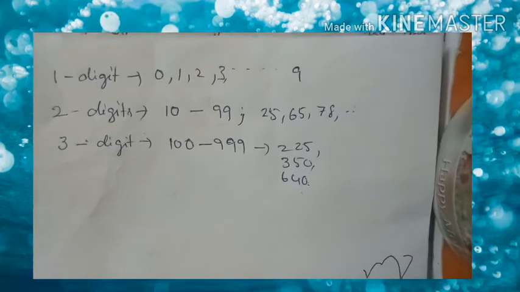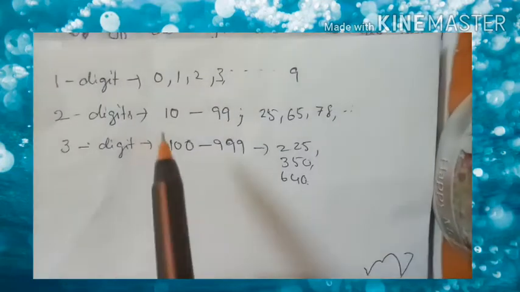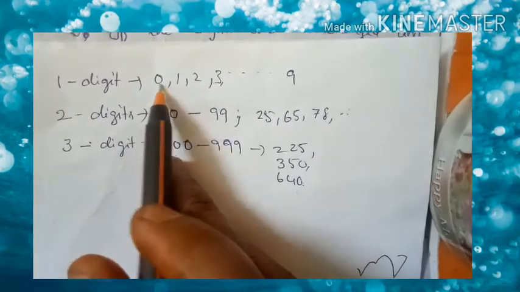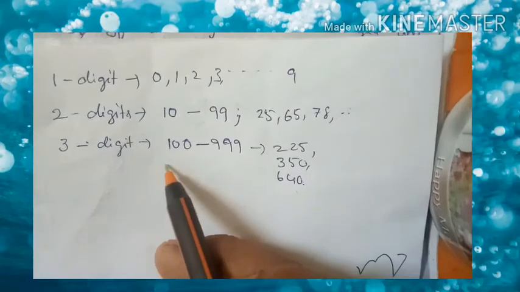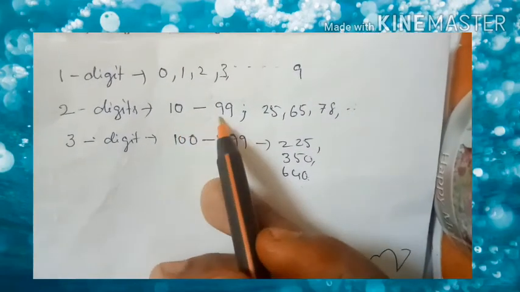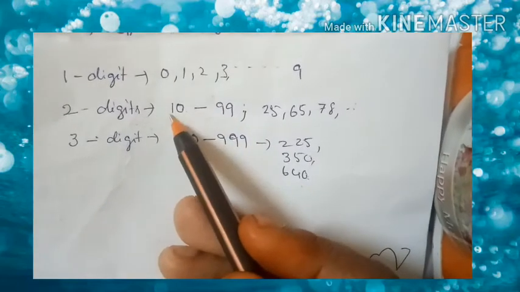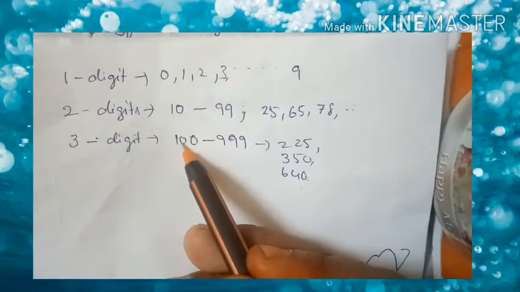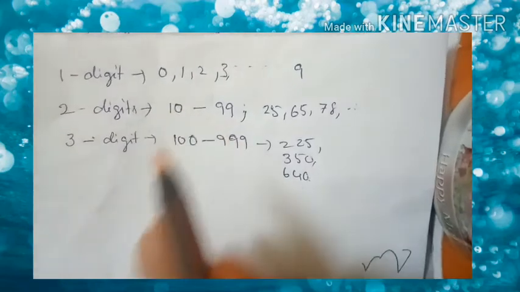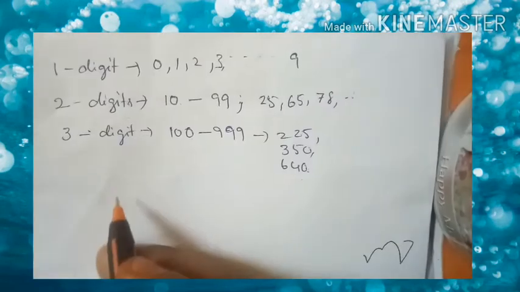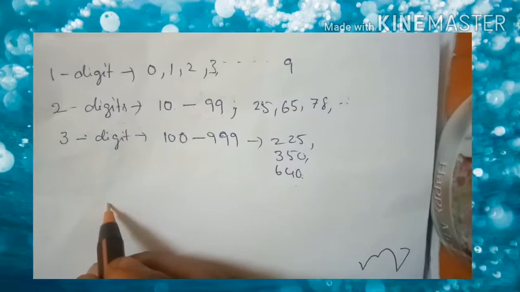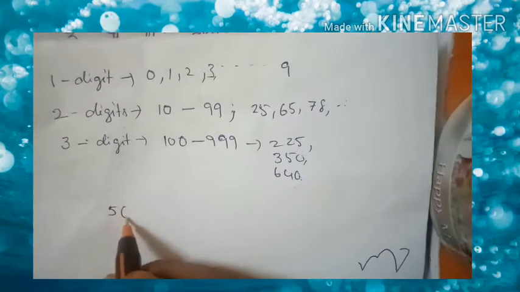Okay, so 250, 225, 350, 640, these all come under three digit numbers. Generally, how can we write the two digit number and three digit numbers? What is the usual form of the two digit numbers? This is unit place, this is tens place, and this is unit place, tens place and hundred place. Yes, so already you know how to write the general form of any number like 56.